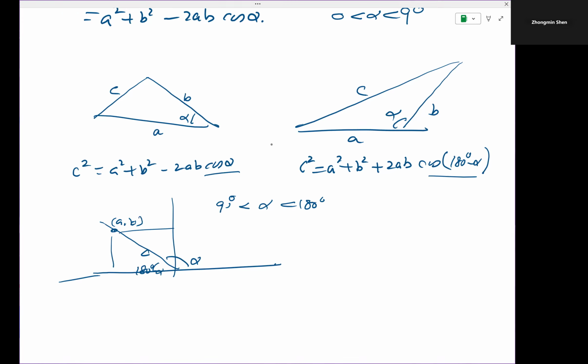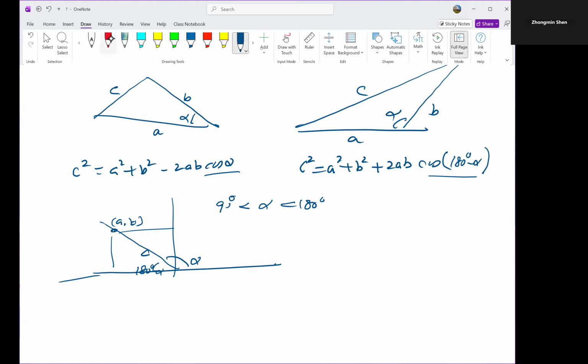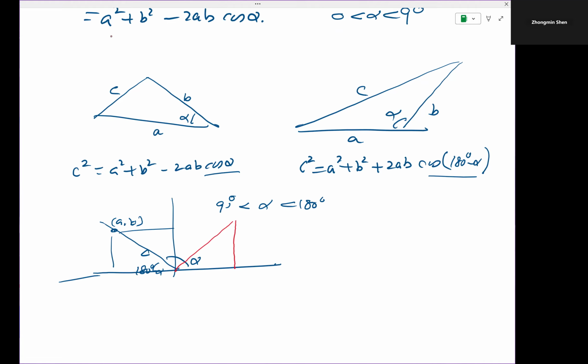So I'm going to draw another picture here. This will be 180 degrees minus alpha. It's the same. If I use A and B here, the only difference is A is negative here. Got it?